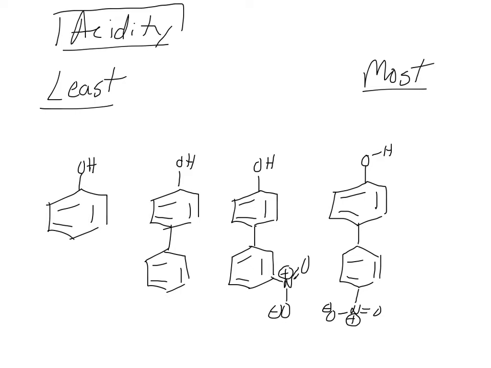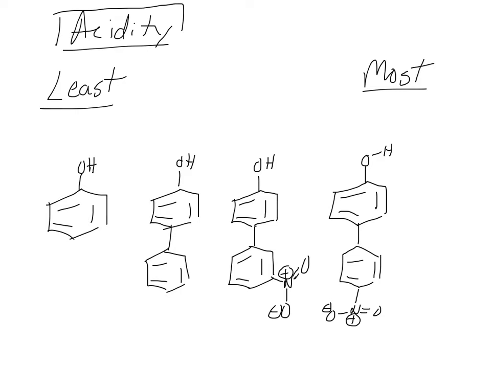So what you're going to need to do is one of two things. You can either draw resonance structures of the starting materials, or you could draw resonance structures of the actual conjugate base, or the O minus, and see how many resonance structures you can make. The more resonance structures you can make, probably the more stable it is.